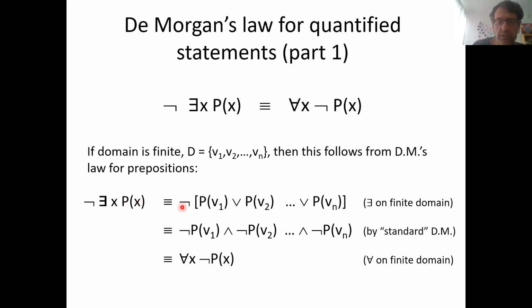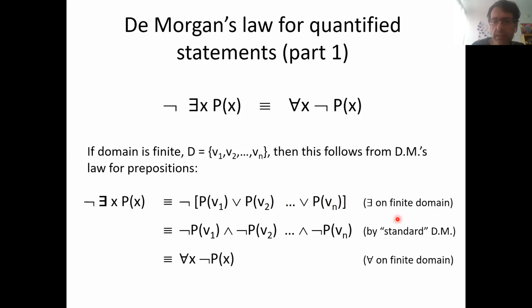It's the same as to say that it's not true that the first element satisfies it, or the second, or the last. That's how you can read off the there-exists statement if you envision the whole domain as a sequence of elements in the domain.